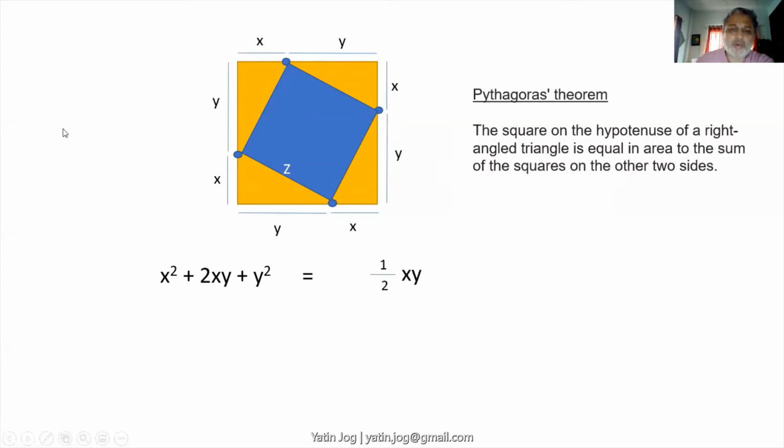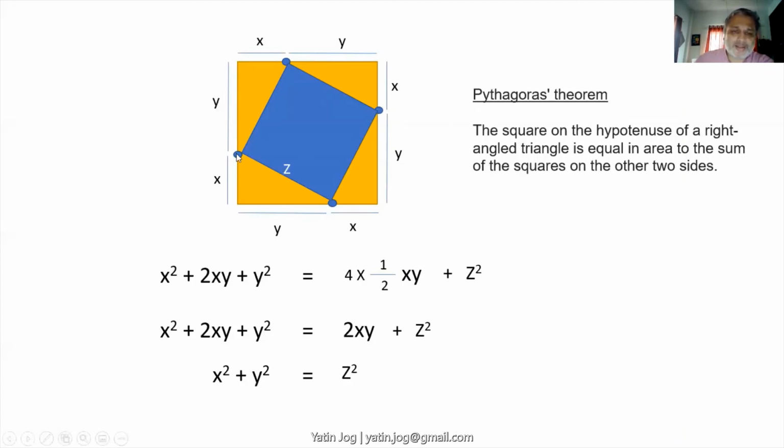So that is the area of one triangle. And likewise, we have 4 triangles in this shape, so I'll multiply it by 4. And then I have to add the area of this square also. If the side of the square is z, the area will be z square. So this is the total area of this shape: 4 into half of xy plus z square. So 2 2s are 4. What I get is x square plus 2xy plus y square is equal to 2xy plus z square. Now if I cancel out 2xy from both sides, what I get is x square plus y square is equal to z square.